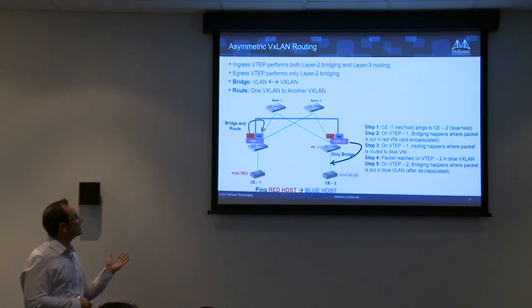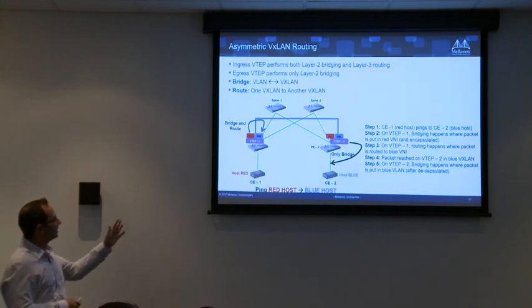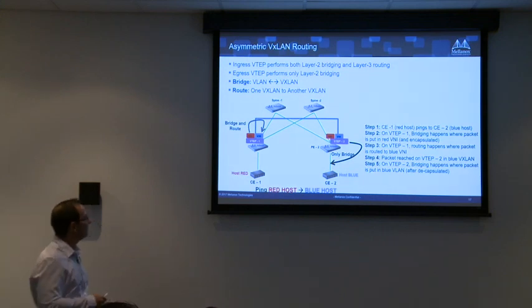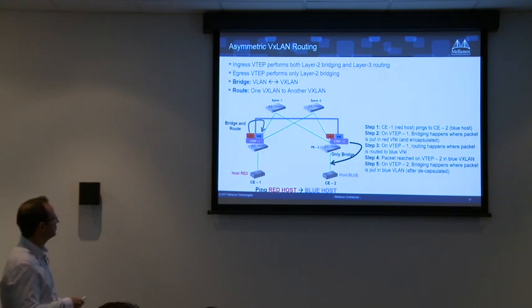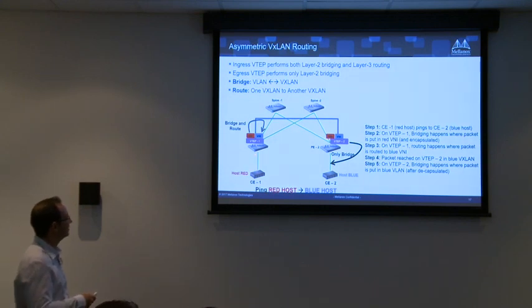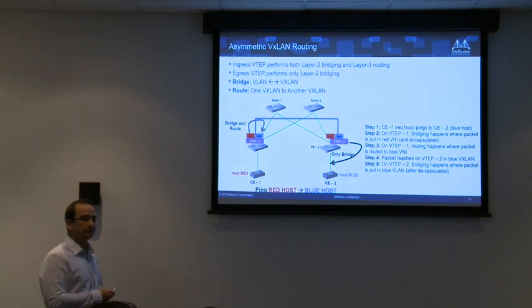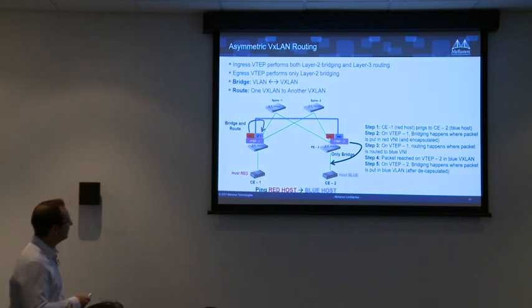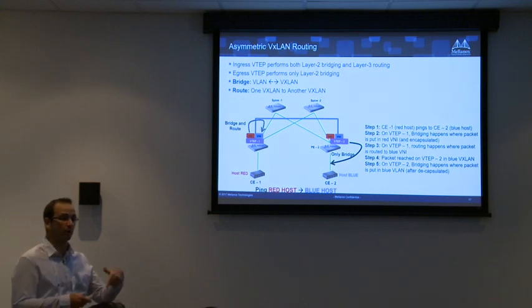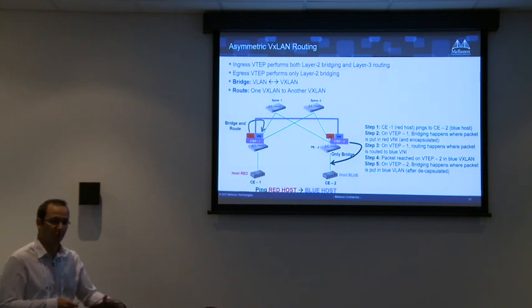The asymmetric way: why is it called asymmetric? Let's say in this example we have a customer edge, a server, host red, which has a red VNI. And he wants to ping the blue VNI, which is in a different subnet. Now this is routing. Remember, routing on top of a VXLAN layer 2 overlay on top of a BGP underlay.